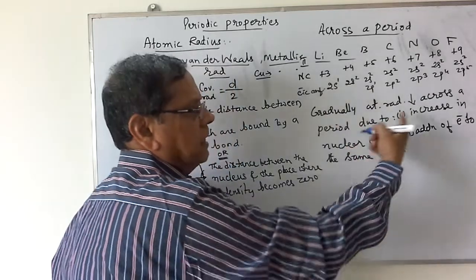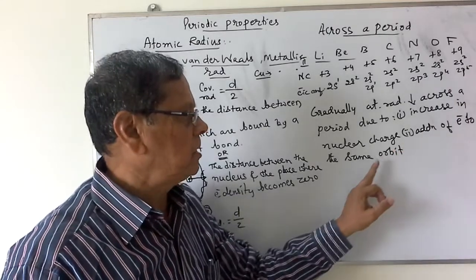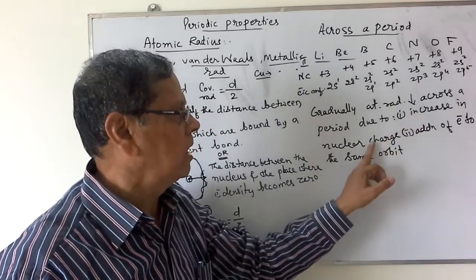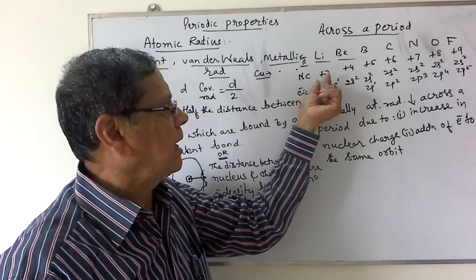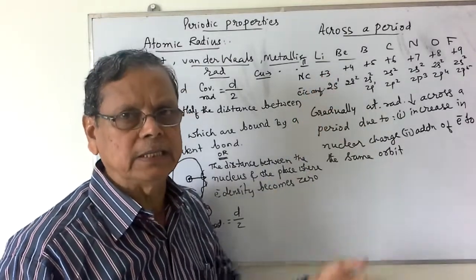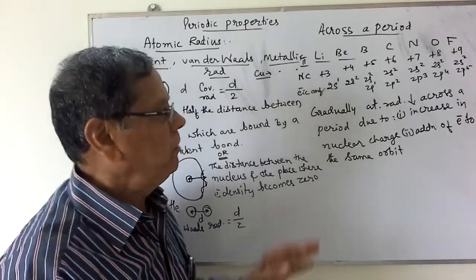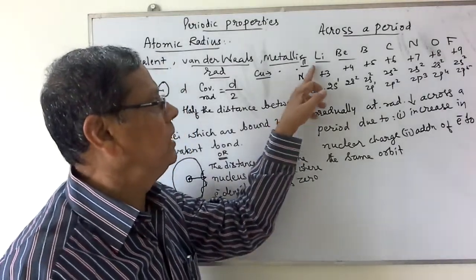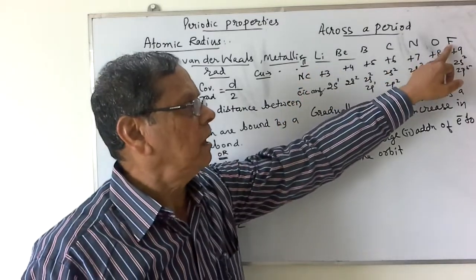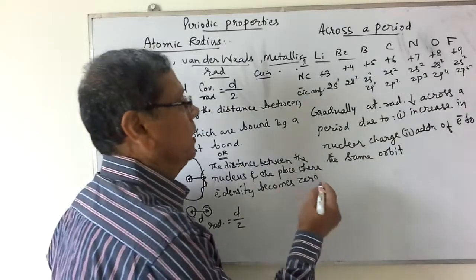Hence the radius gradually decreases. Now because of this addition of the electron to the same orbit and increase in the nuclear charge, the attraction between the nuclear charge and the electron goes on increasing. That's why the shell gradually shrinks. When we go from lithium up to fluorine, there is a gradual decrease in the atomic radius.